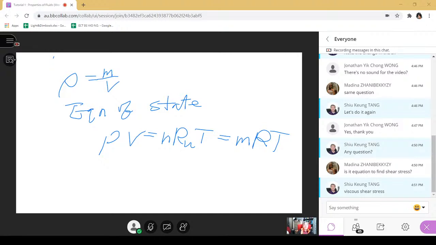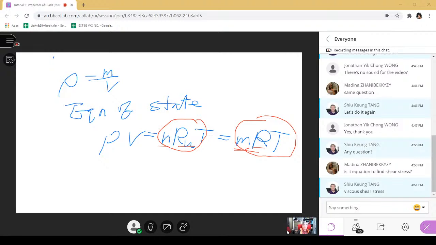No matter whether you are using n or m, make sure that you understand what you are using. If we are using this notation, then we will be working with the number of moles of the gas together with the universal gas constant, which is a constant for all perfect gases. And if you use the other expression, then m is the mass of the gas, and R is the gas constant, which varies from gas to gas. So you can say this R, big R, is a property of a gas.